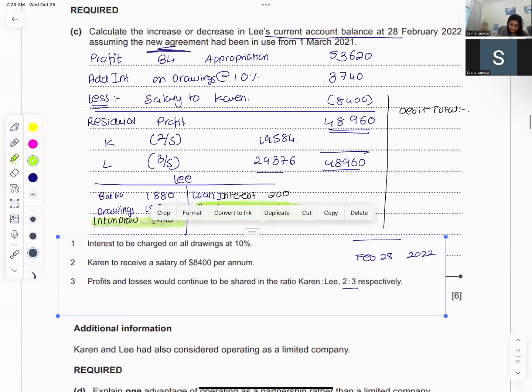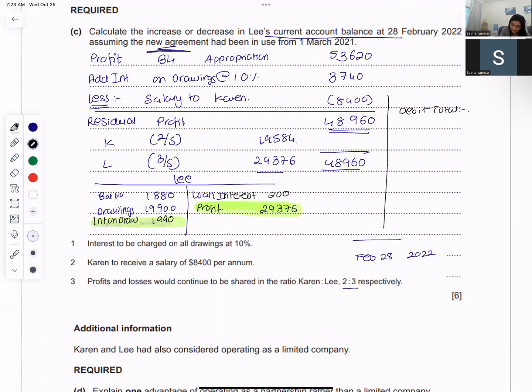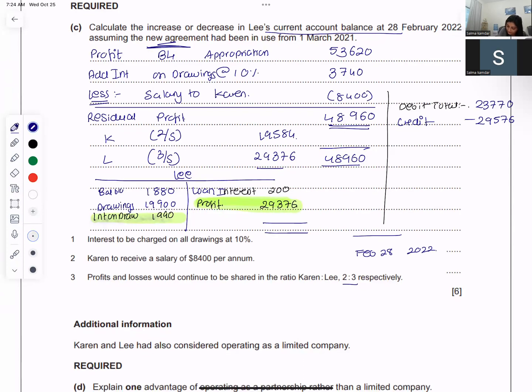So let me see what is the debit total now. 1880 plus 19,900 plus 1990. So the debit total is 23,770. Credit total is how much? 29,376 plus 200. So it is 29,576. So the credit total is more.